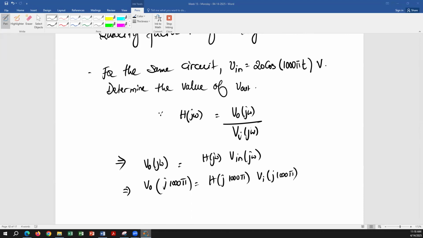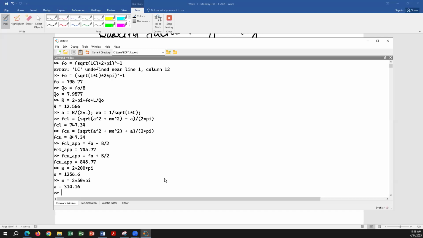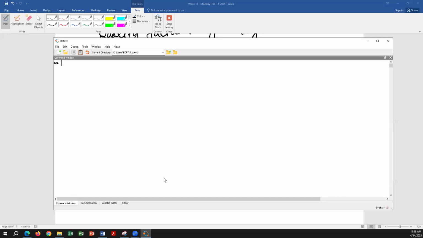Since it's a series bandpass filter, let me do CLC. My omega is 1000 times pi, and my V input is 20 angle 0, so I'll just keep it 20. And then my H, let me go back and grab my H. Okay, this is my H.